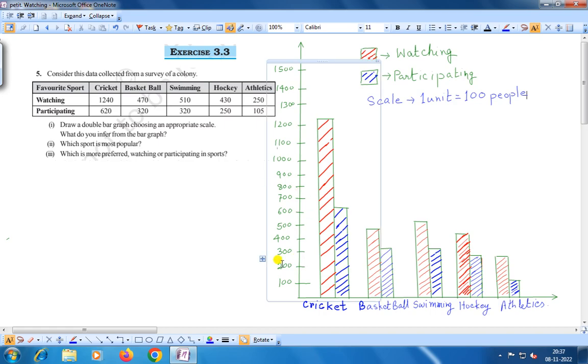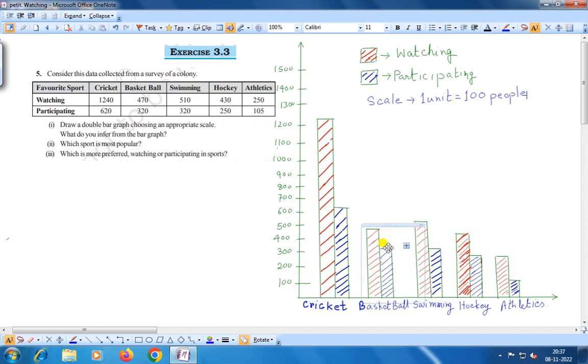Now I have drawn the graph. In cricket, the red bar is watching, that is 1240, and for participating it is 620. For basketball it is 470 for watching and 320 for participating.